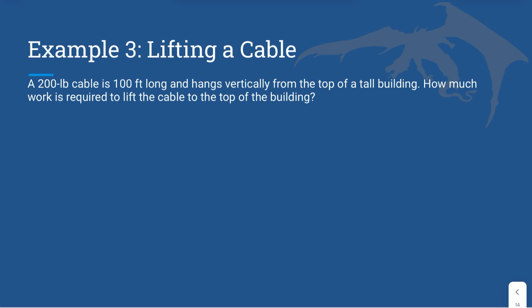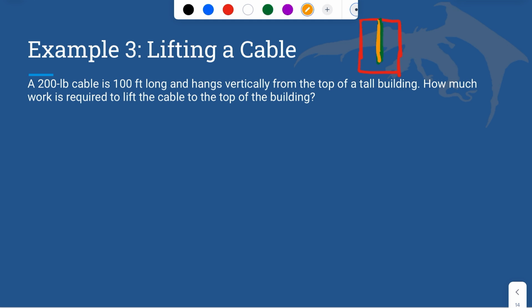All right. Let's look at a classic example of a variable force lifting a cable. So I'm going to draw a diagram, just hope that it's a little helpful. Choose a different color here. Oh, these colors don't do too good on this background.